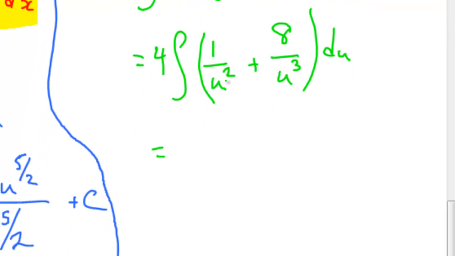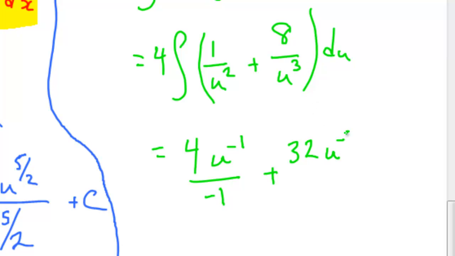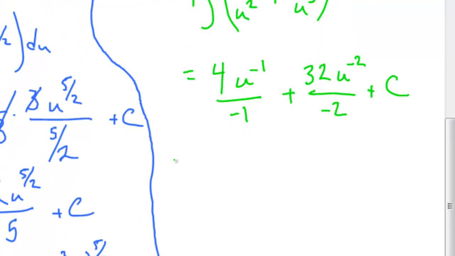And now we can integrate each piece by itself. So we get a 4, u to the minus 2 is what this would be, so that becomes u to the minus 1 over minus 1, plus 4 times 8 is 32, u to the minus 3 becomes u to the minus 2 over minus 2, plus a constant.